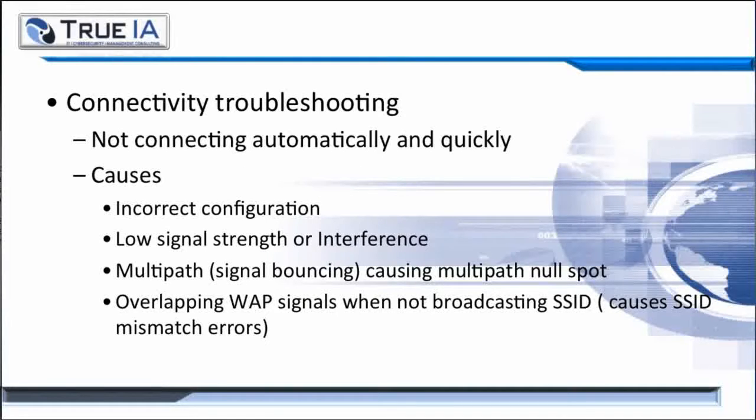Next, you might be dealing with connectivity issues. Connectivity issues can be kind of tricky because they can be caused by many things. Something as simple as an incorrect configuration to more difficult to detect, like overlapping WAP signals or what we call multipathing or signal bouncing.